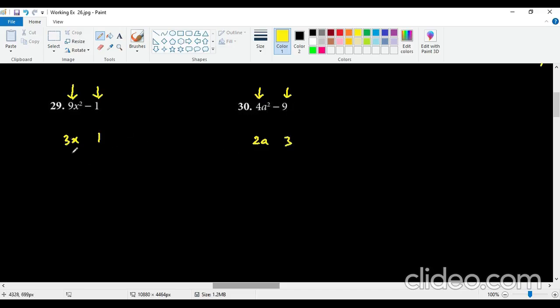As soon as you see these things, you just need to write plus 1 like this, and same thing, 3x minus 1, and this is going to be the answer: 2a plus 3, and 2a minus 3. So this method, this topic is for the next exercise, but this is given here for two questions to make you understand. This is actually formula number 3.